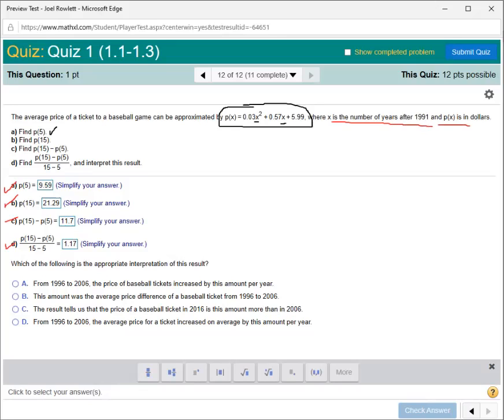So P of 5 would be 5 years after 1991, and that would be 1996. And then if X is 15, that would be 15 years after 1991, and that's going to be 2006. So those are definitely the years we're working with here.